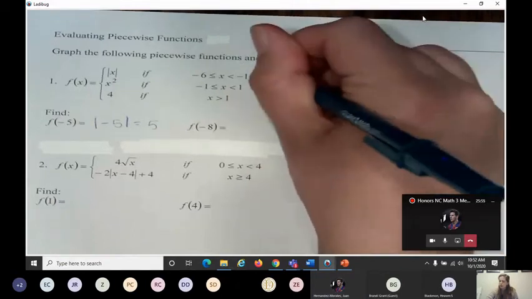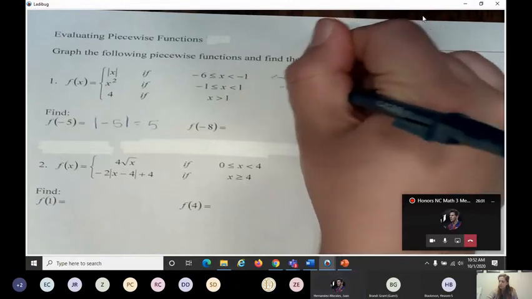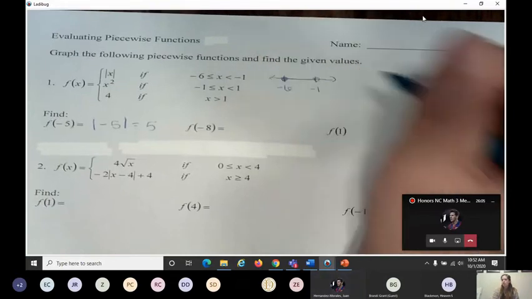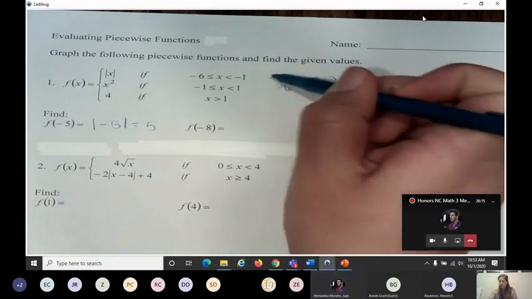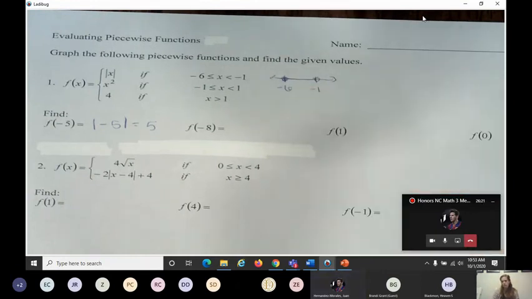If I drew that out on a number line, with -6 and -1 as the values here, where is -8 on that number line? It's to the left of -6. So is -8 in any of these? Don't guess, just is it?